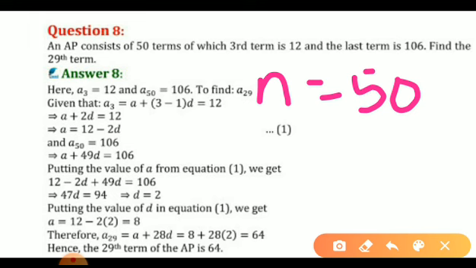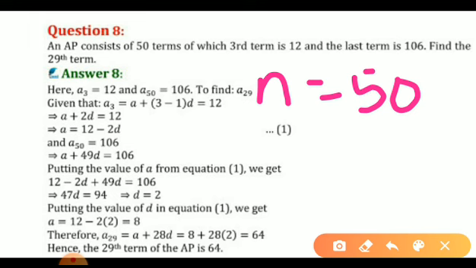Now see, whenever I have to find any nth term, I need to find the first term and the common difference, because the value of n will be given to you. For the 29th term, my n will be 29. So in order to find the 29th term, you should have your first term and your common difference.